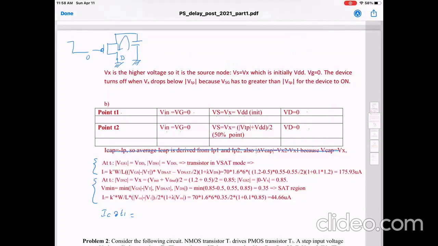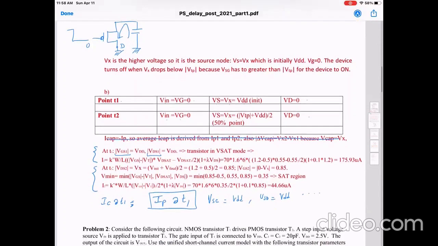To derive I of the PMOS at T1, we need to look at VSG and VSD. VSG is equal to VDD minus 0, so it is equal to VDD, and VSD is also VDD minus 0, so it's equal to VDD, and we can derive the unified current model equations.